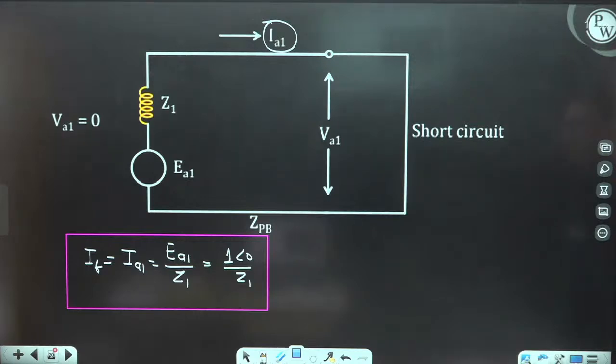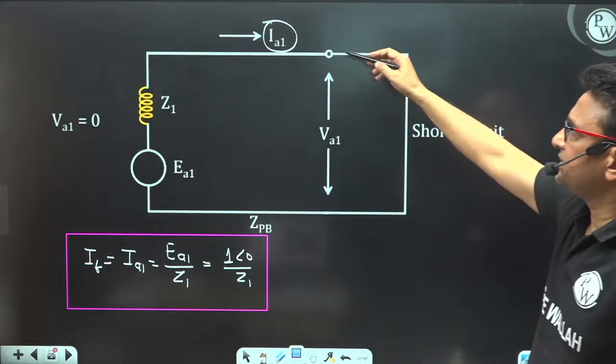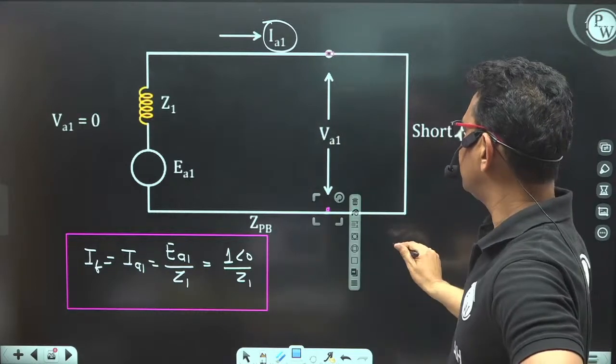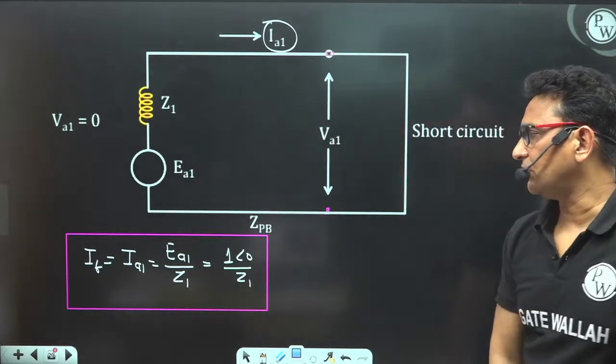Any doubt? So no negative sequence network, no zero sequence network is coming into the picture. Only the positive sequence network comes into the picture during the symmetrical fault. And we just proved that VA1 is equivalent to 0. This is our symmetrical positive sequence network of the alternator.